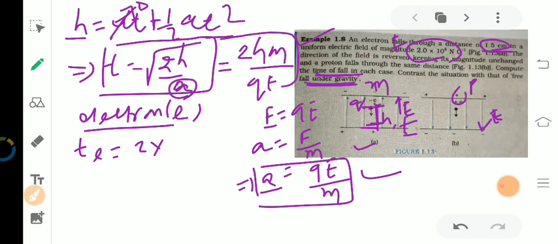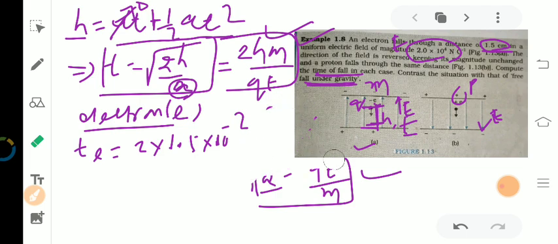Okay, so let us apply here. It is 2, and what is the height given there? 1.5 centimeter is given, so it is 10 to the power minus 2.